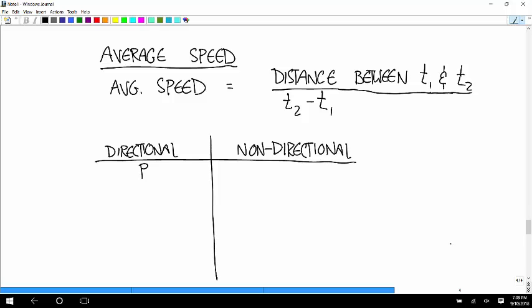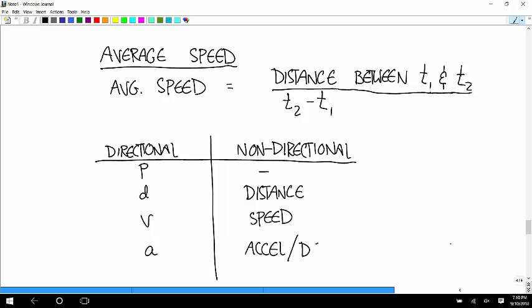So we did position, we did displacement and its connection to distance. We did velocity and its connection to speed. And the last one we have to do is acceleration and its connection to what we think of as acceleration if something's speeding up and deceleration if something's slowing down.